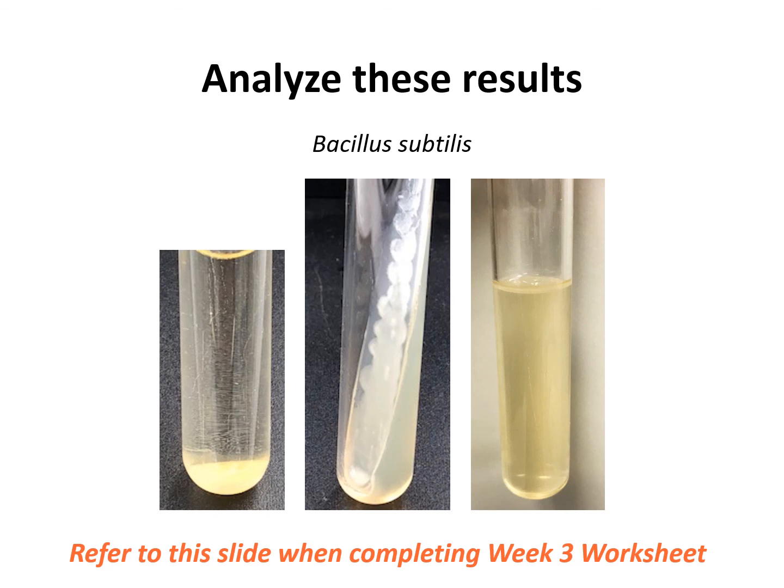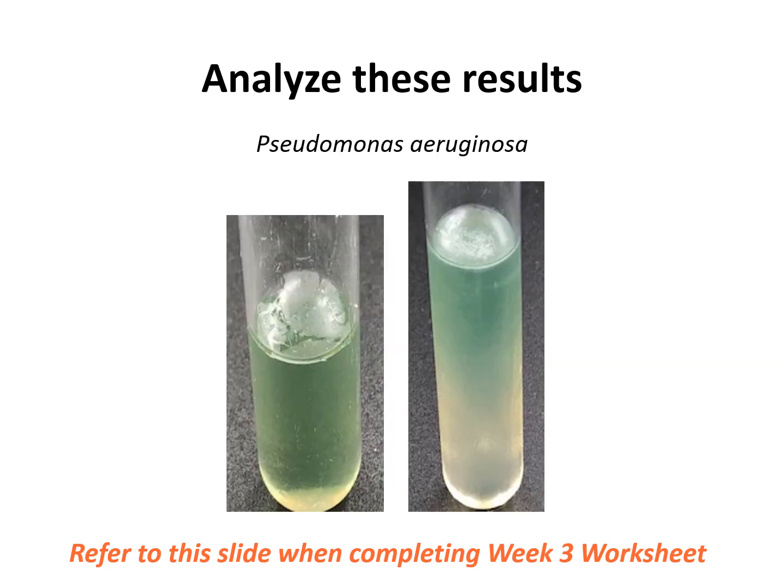And then right here, you have another set of images of Bacillus subtilis. And again, you have the broth, the slant, and the deep. And then here you have Pseudomonas aeruginosa. And again, you want to take a look at these images of your broth, and you're going to also answer a few questions on your worksheet.